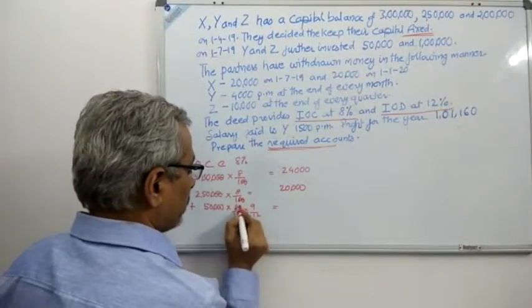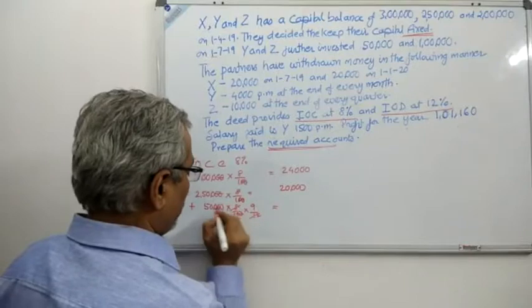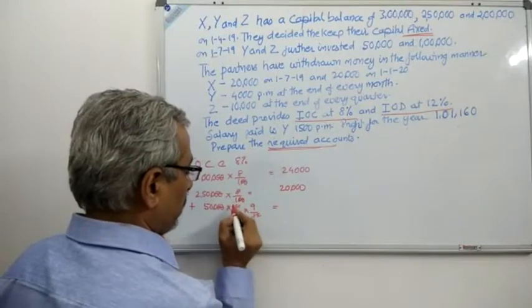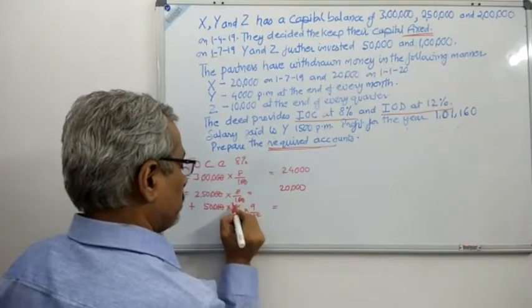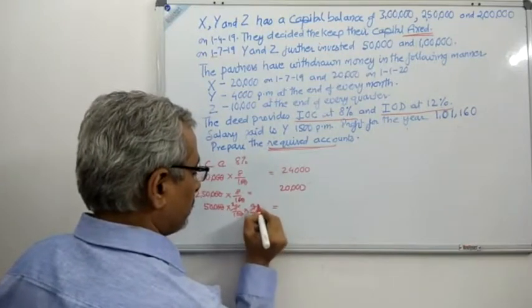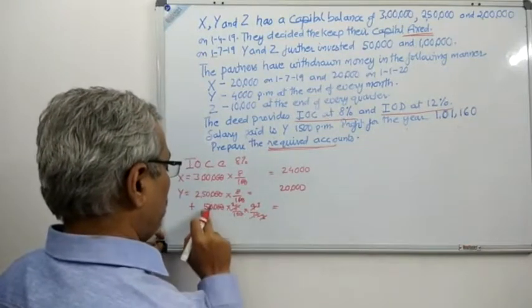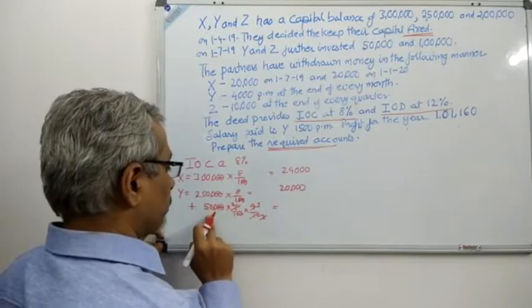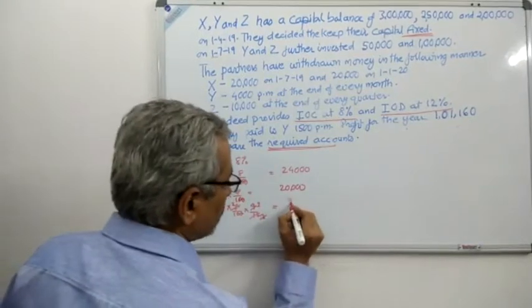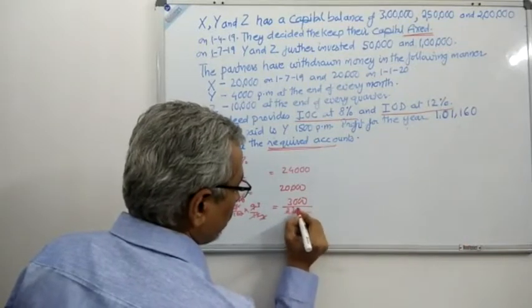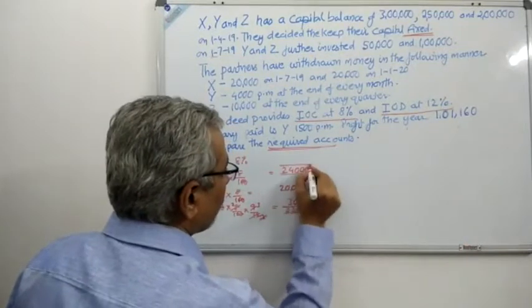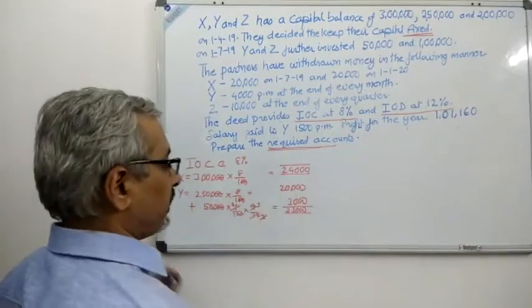Cancelling the zeros, we have over here 2 and 3. We are cancelling this and this, getting a 3 over here. So 500 into 2 gives us 1,000 into 3 gives us 3,000. So this becomes 23,000. So the interest on capital for the first partner X is 24,000.